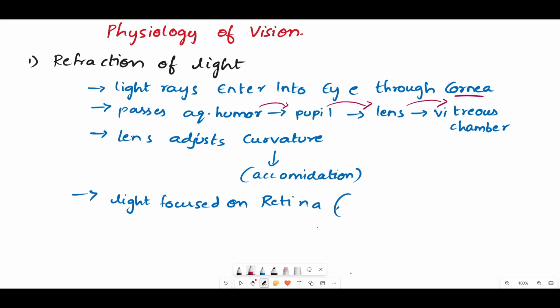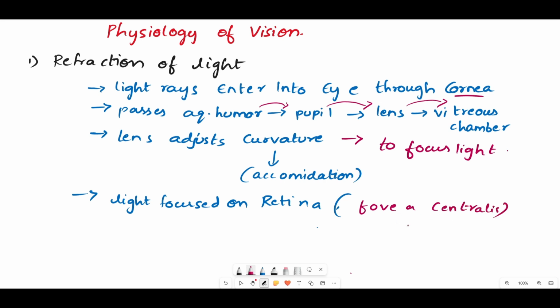The lens also adjusts its curvature, especially for accommodation. After adjusting, this is useful for focusing the light. So once the light is focused on the retina, that means especially in the area called fovea centralis.